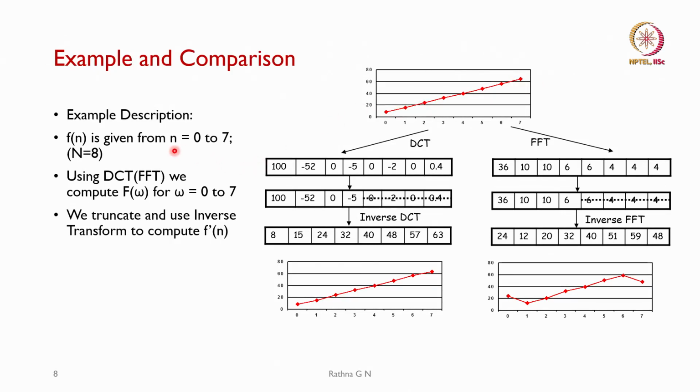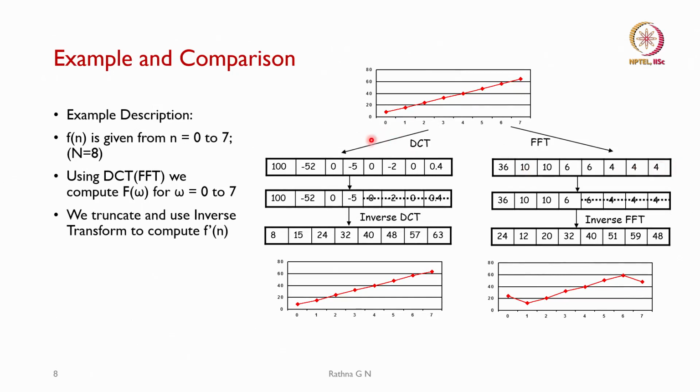That is what we say n is 0 to 7, and these values are passed through FFT and then DCT. This table shows the 8 values. After doing FFT you get 36, 10, 10, 6, 6, and then all the rest are 4s.